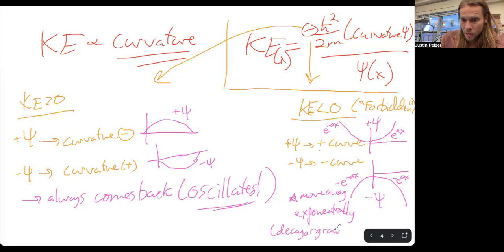And whether it does decay or growth will depend on the specific situation at hand. But it'll always be this: it'll either oscillate back and forth, or it's going to exponentially decay or grow. That's pretty much a summary of wave functions. They do something like that.